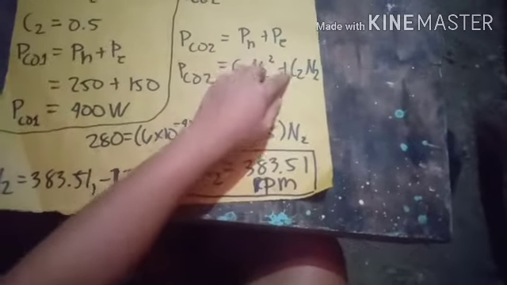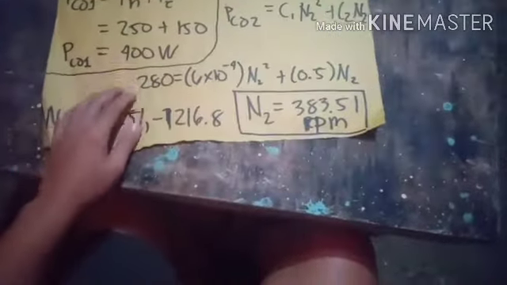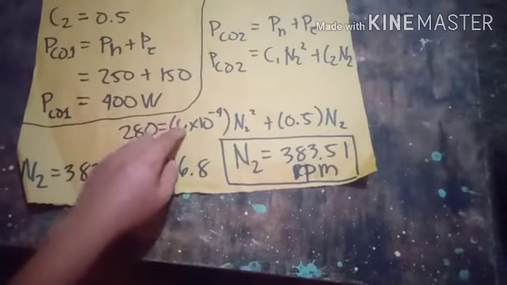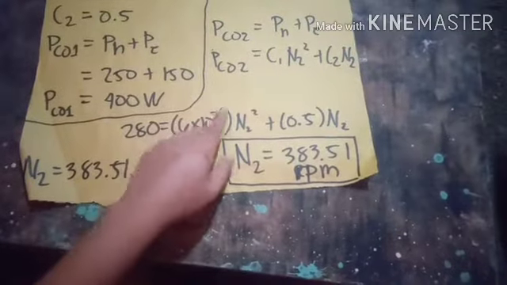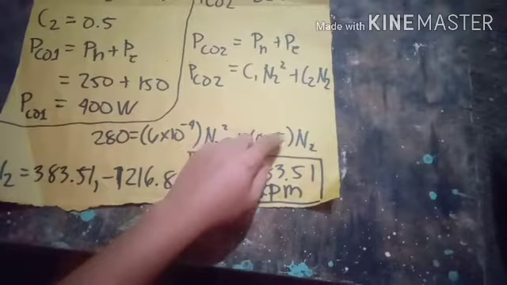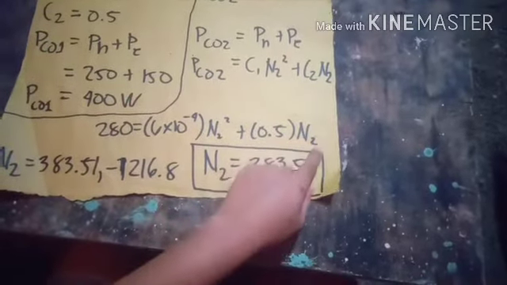Since the flux is constant, there is no flux here. So 280 is equal to 6 times 10 to the power of negative 4 times N sub 2 squared plus 0.5 times N sub 2.